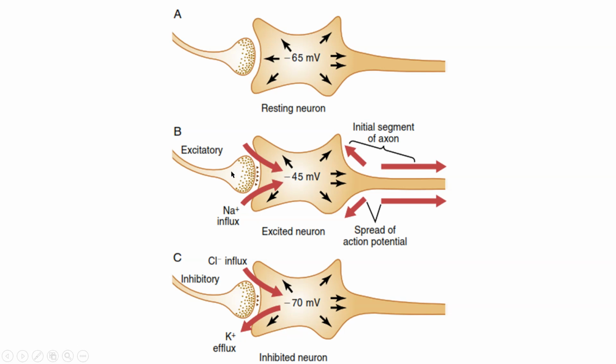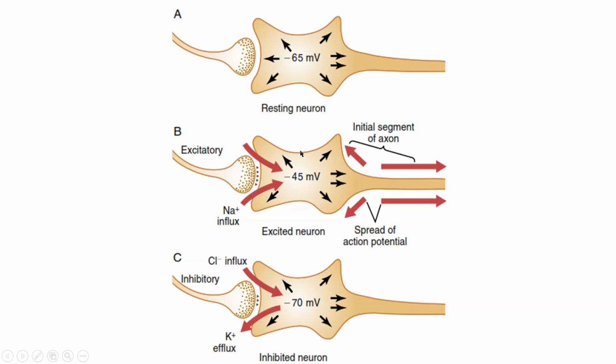Another is if this is firing continuously. How much time does it need to cause one action potential? 2 to 5 milliseconds. So if within 2 to 5 milliseconds another action potential comes, sequentially and very fast, then entry of sodium before it goes back will cause more channels to open, right?